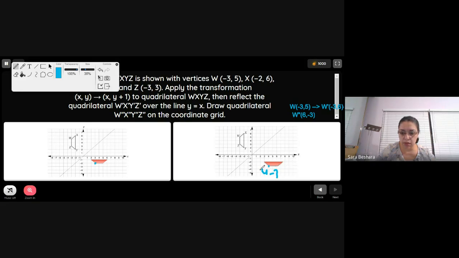Oh, sorry, this is Z. It's the other one. Look at this: it's 5 and -2, and that one right here is 6 and -3. So here W prime is giving me 6 and -3. So our answer should be the second answer. This should be the correct answer.